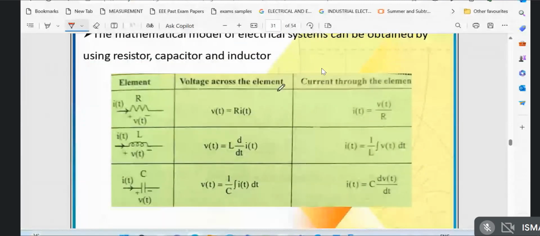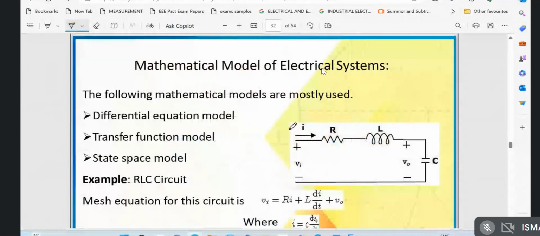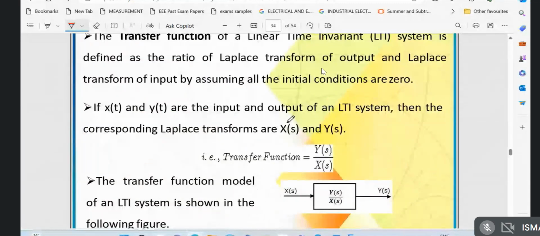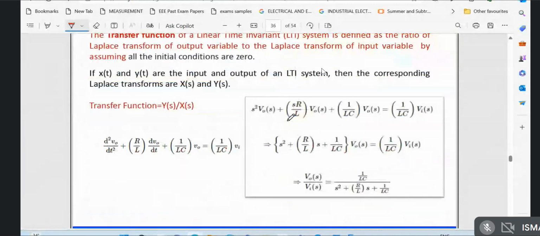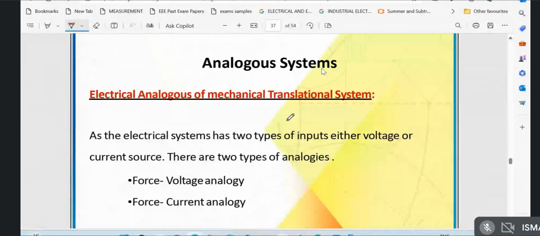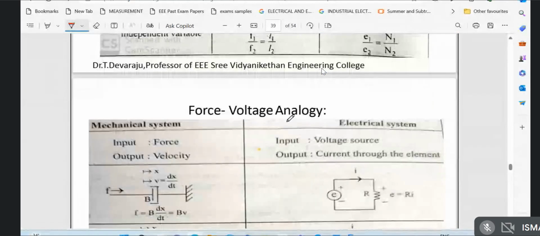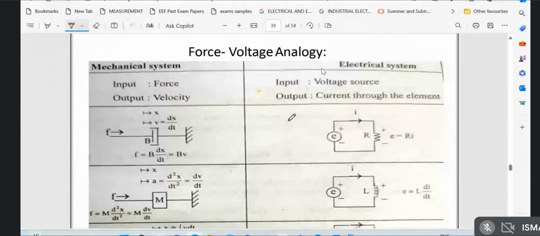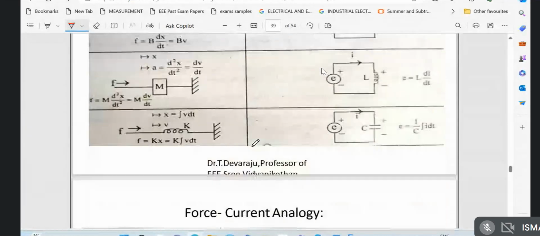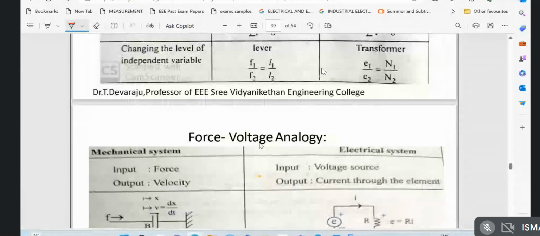Then next time we meet, we shall look at the electrical model and continue the same notes and see how we model this at the end. Then look at the analog systems, and how the mechanical systems are being controlled using electrical ones. Their model, this one becomes this one, this one becomes this. So that's where we are going.